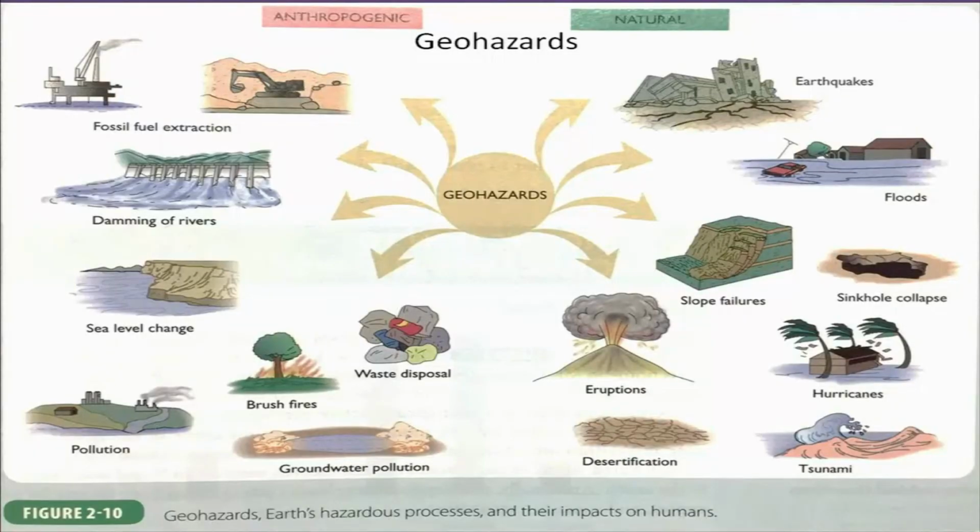This figure shows different anthropogenic activities as well as natural hazards, mainly geohazards. If you are talking about fuel extraction, of course, we cannot say it will run out in a few years, but on the geological time scale this will become extinct.